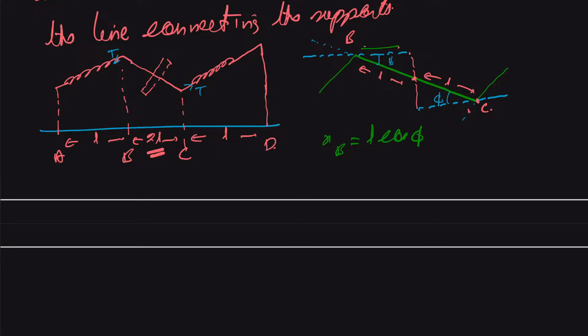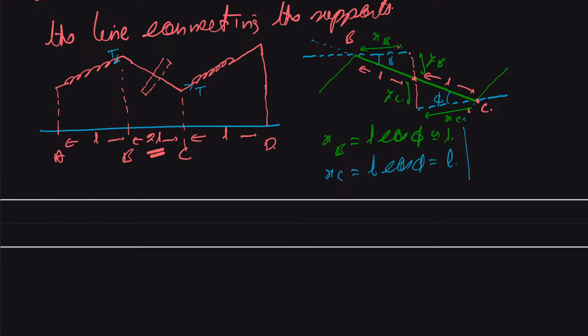So this is our x of B, x component, and this is our x of C, and this will be our y of B, and this will be our y of C. And from small angle approximation we can say that x of B is approximately equal to L. Similarly, we can write x of C will be equal to L cos of phi, that will also be equal to L.